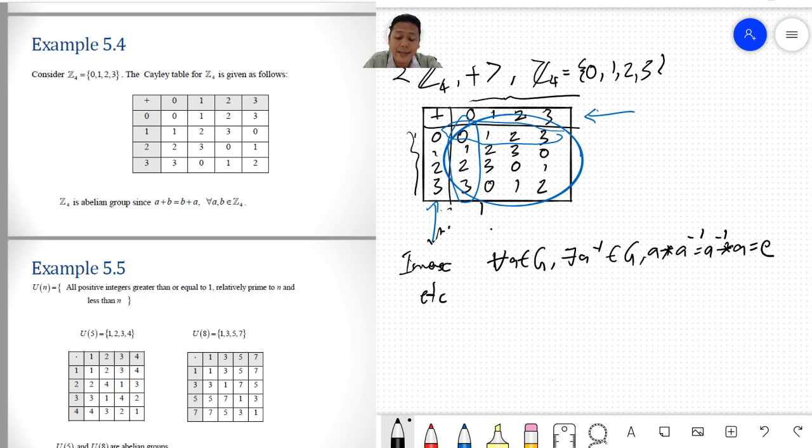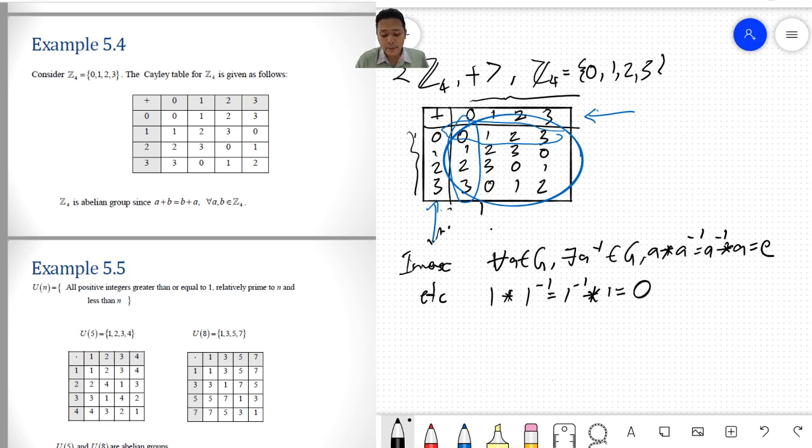You take an example first. I want to show, for example, if you take 1, does there exist the inverse of 1 such that you get 0? Because from the previous step, the identity is 0.